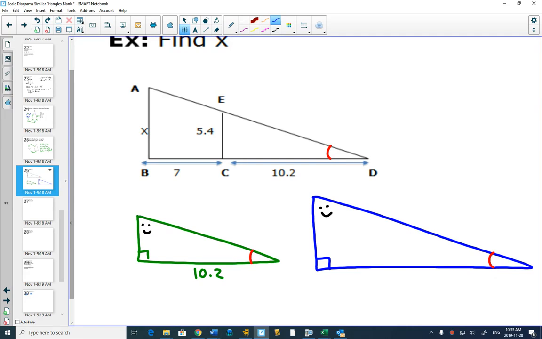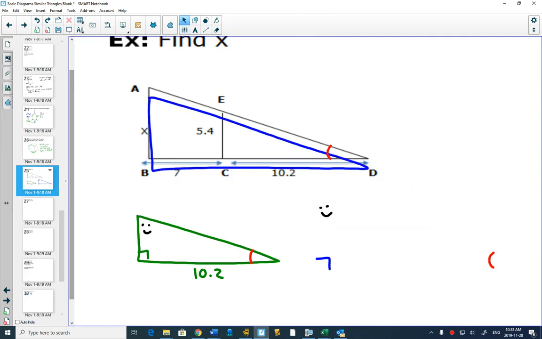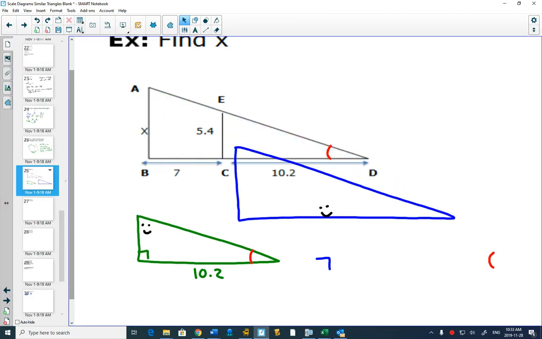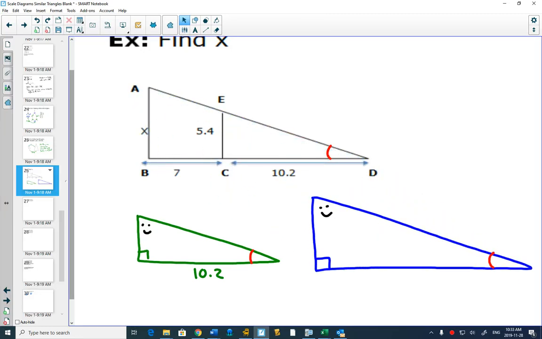No, the blue one. Here, I'll drag it back. There it is. I want to find this bottom side on the blue one. 17.2. Good work. It's not super tricky, but it made you think. You have to add those two together to get 17.2.